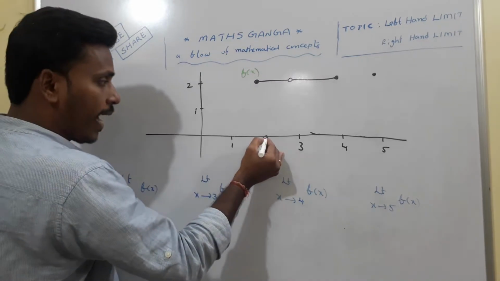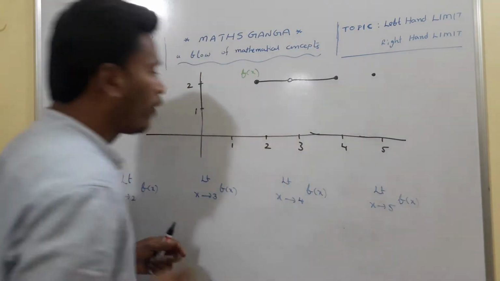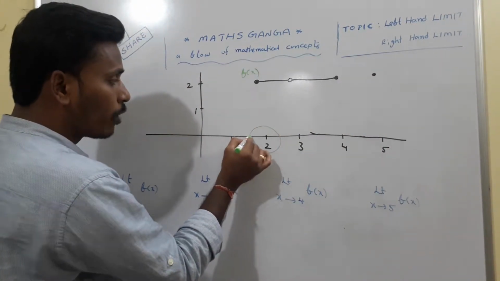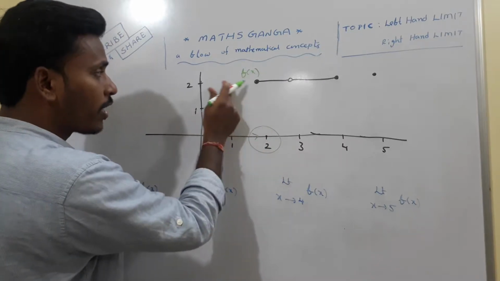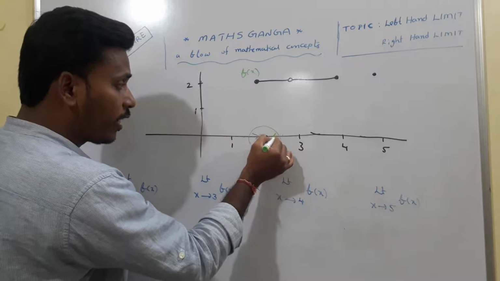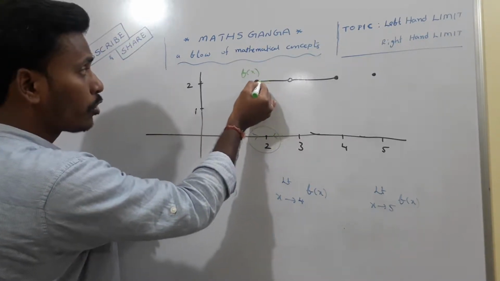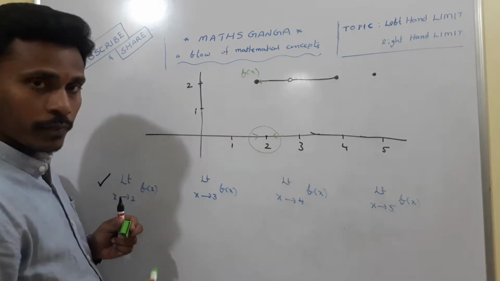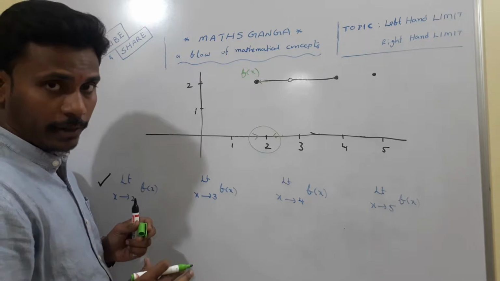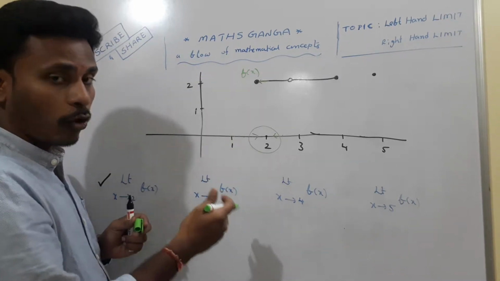At 2, as per the definition of left hand limit and right hand limit, if you observe in the surroundings of 2, if we move towards 2 from the left side, the function is not defined, and as you move from the right side towards 2, the function is defined and the function is approaching 2. In the left side of 2, the function itself is not defined, so there is no matter of limit.